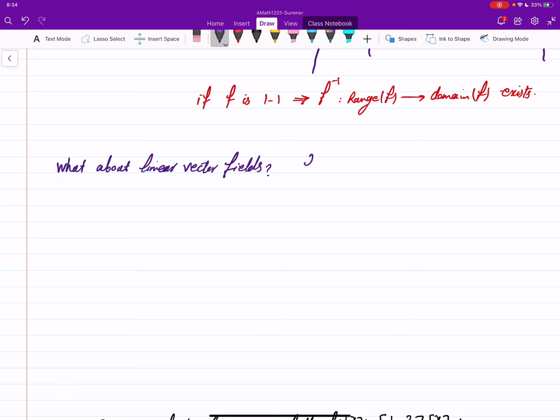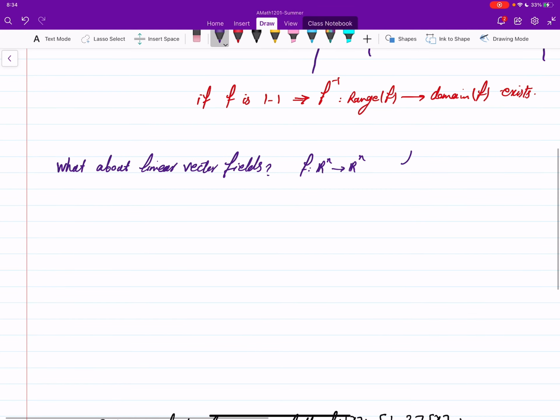Linear vector fields go from Rn to Rn. Unless it is from R to R, you cannot draw the graph and figure out the horizontal line test. It's not possible. Instead of that, we will develop a theory that will tell you when such a function is invertible.